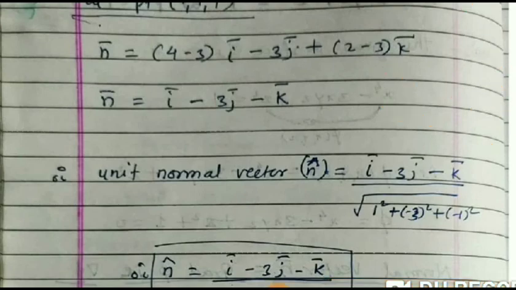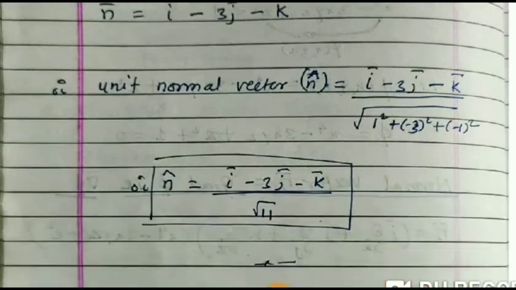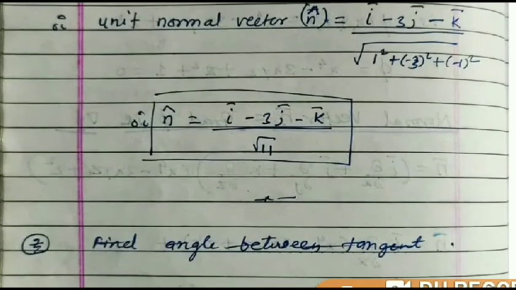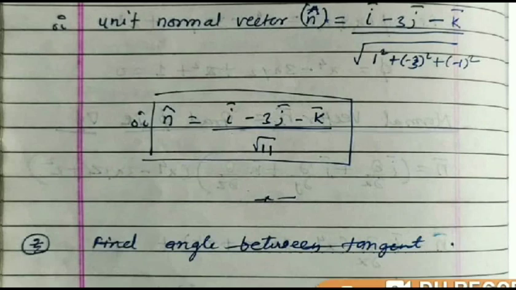So the formula of the unit normal vector is n cap equals n bar upon its magnitude. So the value of the unit normal vector is n cap equals i bar minus 3j bar minus k bar upon root 11.